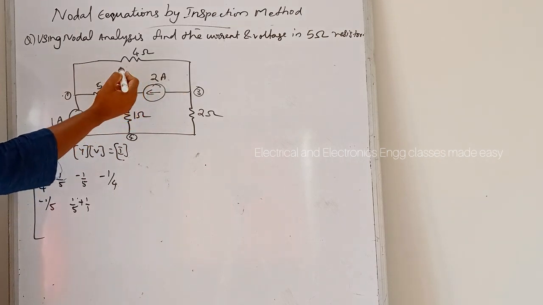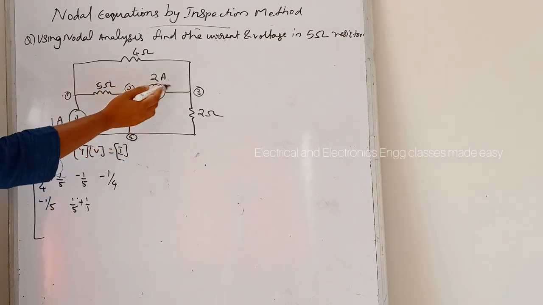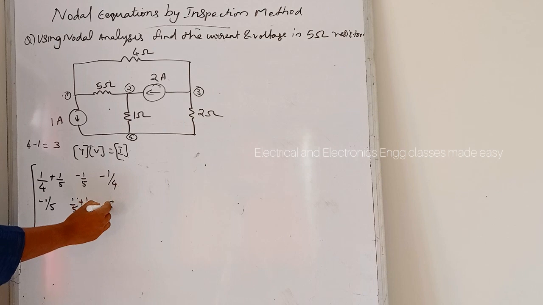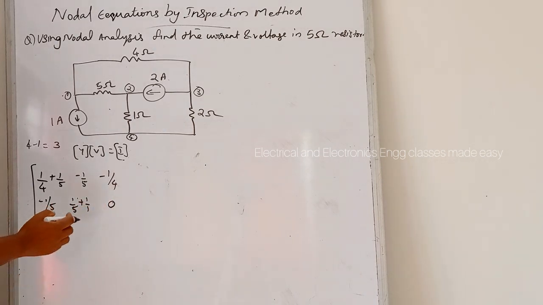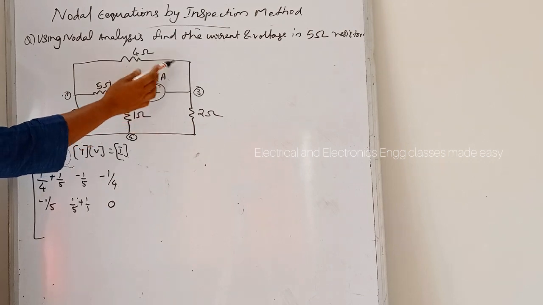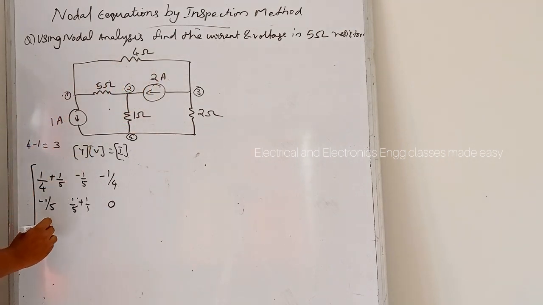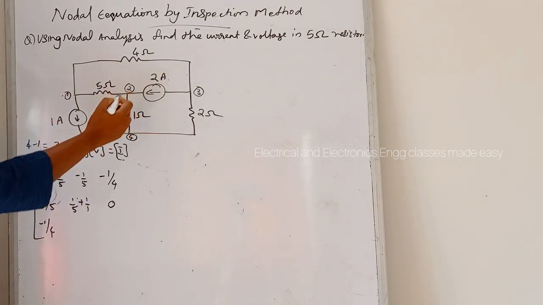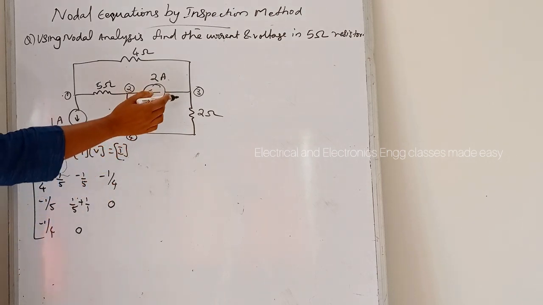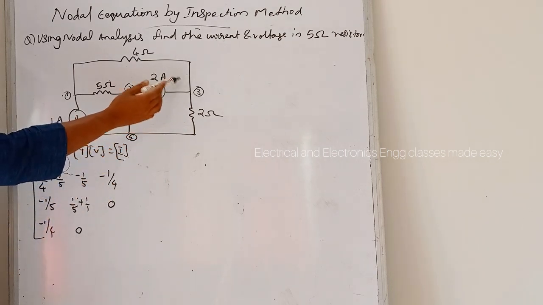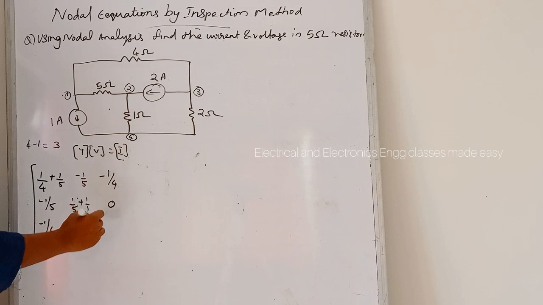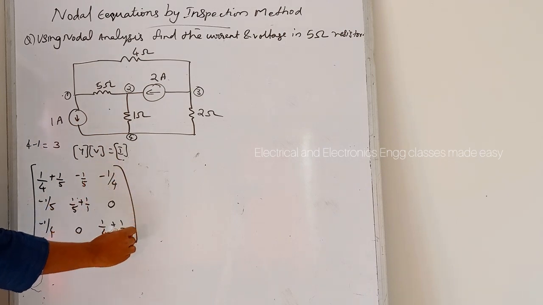Y23 is, there is no conductance, so it is 0. Then next is Y31. Y31 is 3 to 1, that is minus 1 by 4. Y32 is 0. Y33, that is the conductance connected to node 3, that is 1 by 4 plus 1 by 2. So this is the Y matrix.